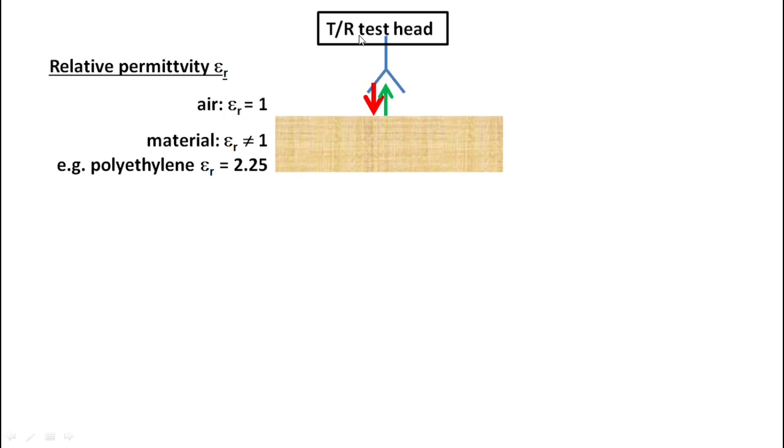But also a part is transmitted into the material, and the next change of permittivity is at the backside, and that's reflected again and also incident into the antenna again for evaluation with the test head receiver part. Well, this view neglects multiple reflections.